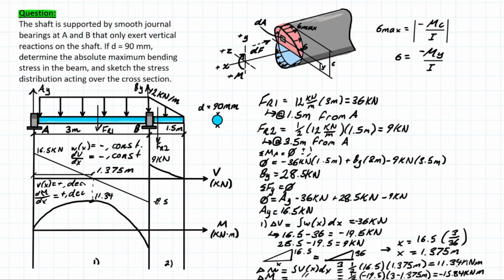Now we just need to take the difference between these two to get this point right here. Since we have this at the peak, this is going to be the difference between the two. So we have 11.34 subtracting 15.84, leaving us with negative 4.47 kilonewton meter. Plugging that in on the diagram, we have 4.47.